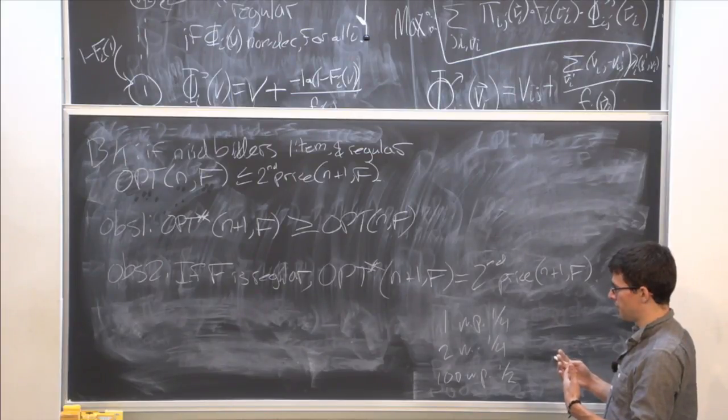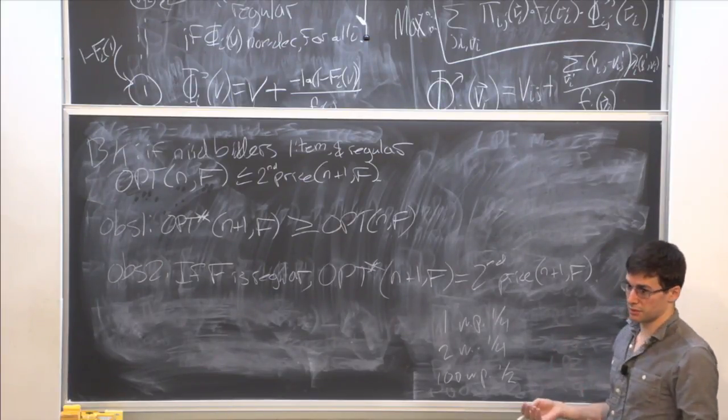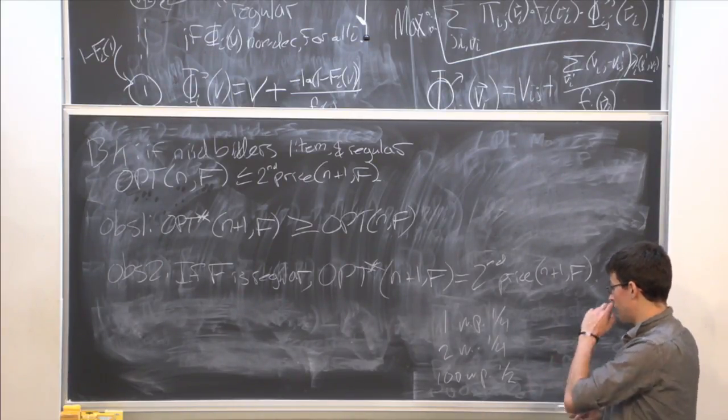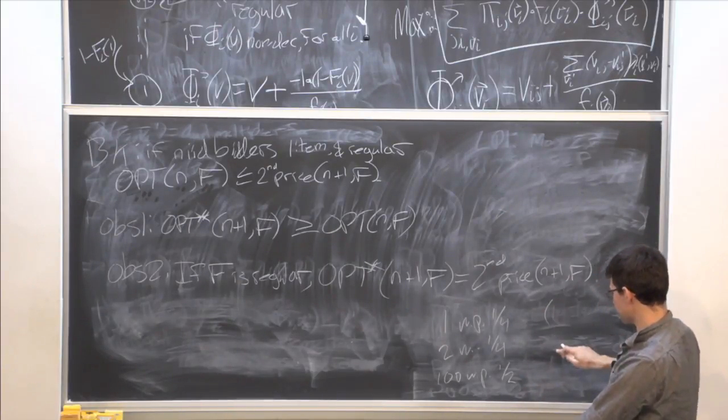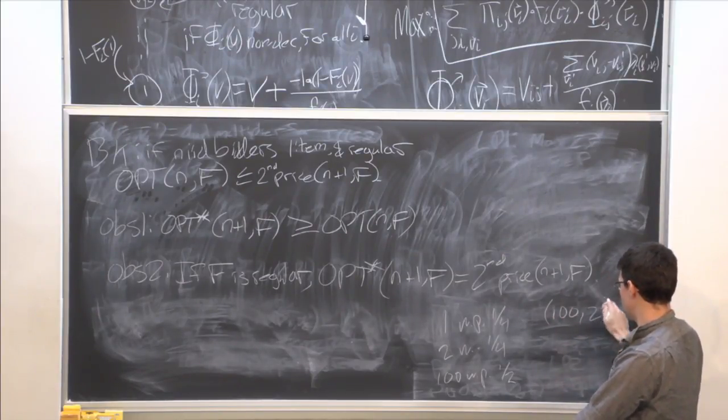So what would be bad about only doing second price? So what would be bad is that if you look at the 2 bidders, and let's say that the bids are 100 and 2.